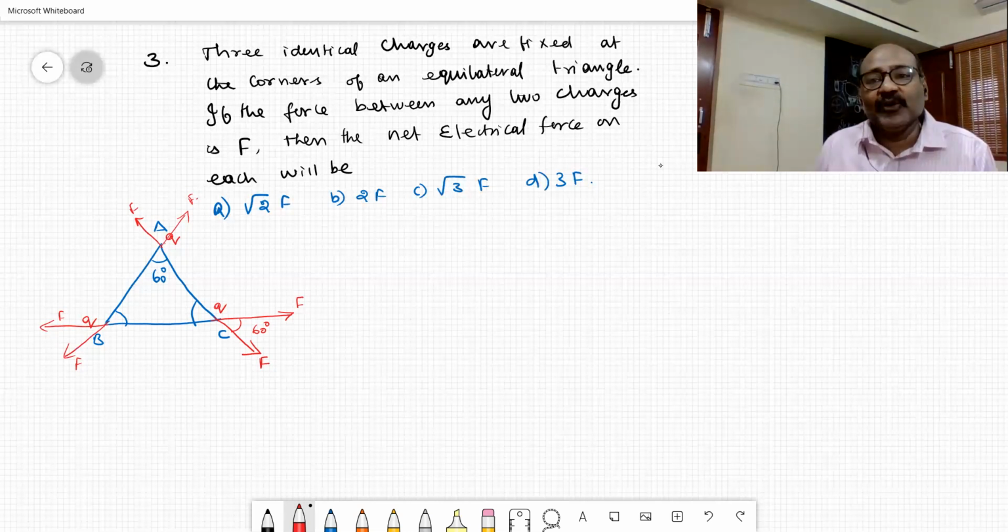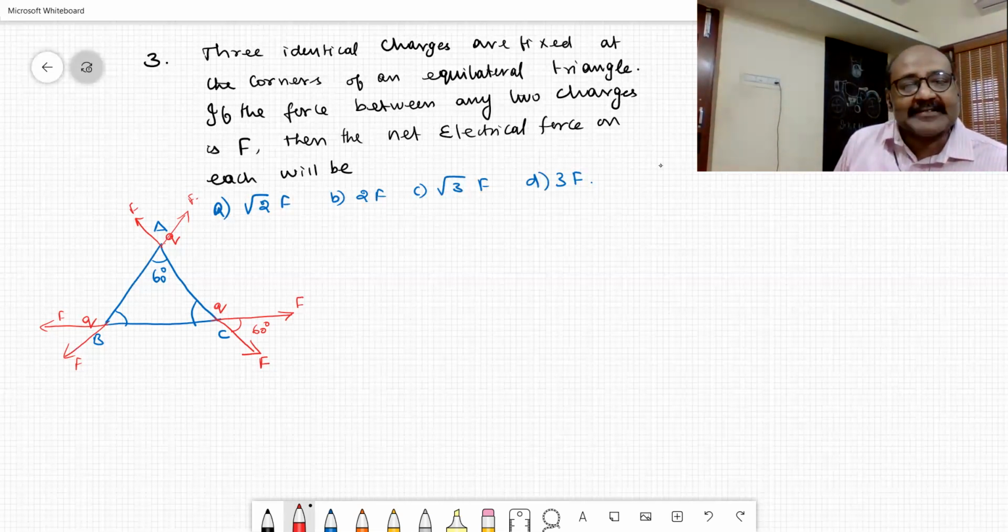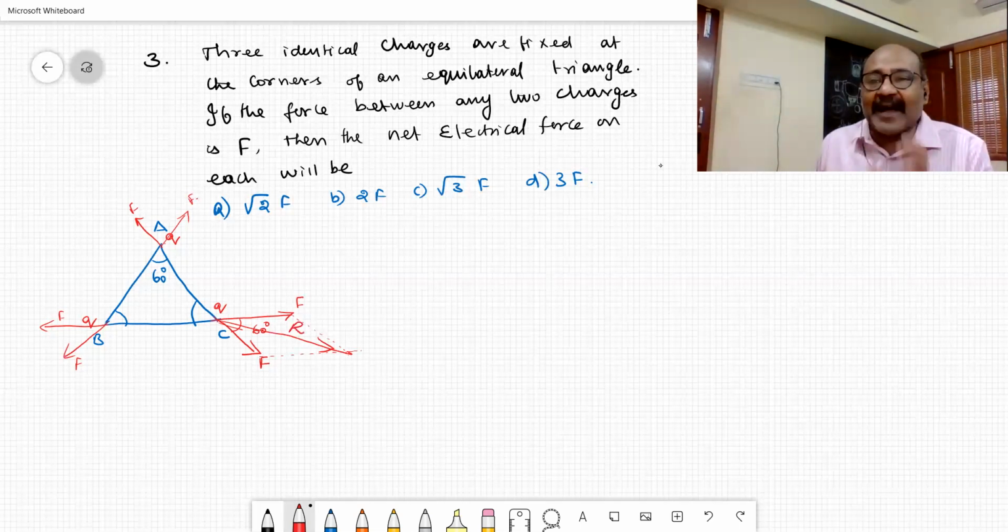So the net force acting at each and every corner is also the same. How can I calculate the net force at any one of the corners? I can construct a parallelogram. By constructing a parallelogram, the resultant is acting along the diagonal passing through the common intersecting point, and this value will give you the resultant magnitude.